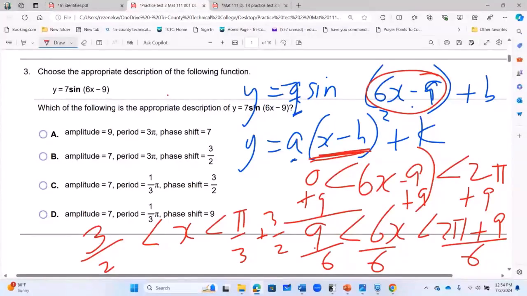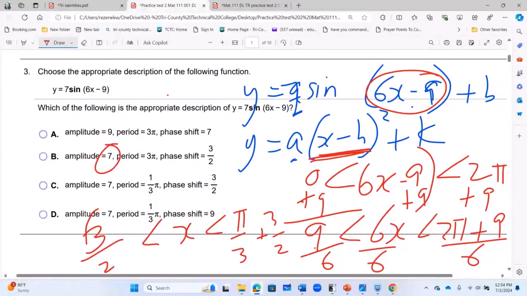So anyway, the important thing is that you can now explain this. So you know that the amplitude is 7, and from now on you can eliminate it. What is the period?